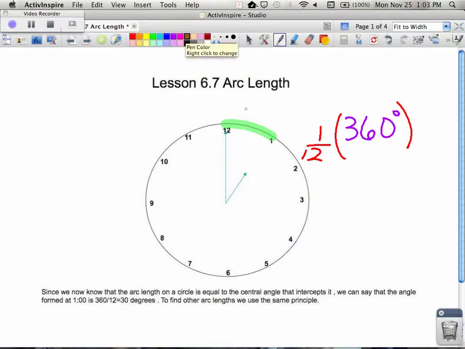And so we know that this highlighted green arc length would be 30 degrees, because 1/12 of the distance around the outside of the circle in degrees would be 1/12 of 360, which is 30 degrees. To find out the length, if we were talking about measurement in feet, meters, inches, that kind of thing, we're going to use the same principle.